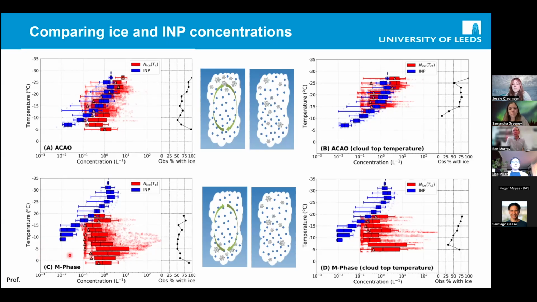So what we're proposing in many of these clouds is that you've got some ice production from primary ice, but just enough to trigger this secondary production in the -3 to -8 regime, and then that ice is getting mixed upwards through the cloud. So we end up with two different scenarios: one where the ice is getting generated at the top of the cloud and getting mixed down, and one where the ice is dominantly getting produced low down in the cloud and getting mixed upwards.